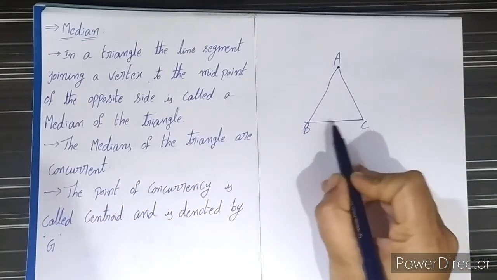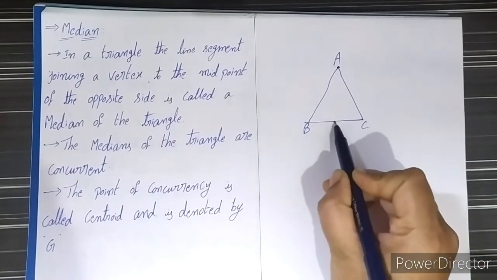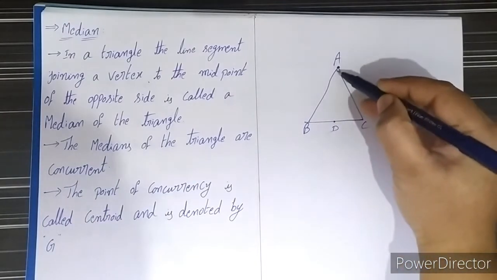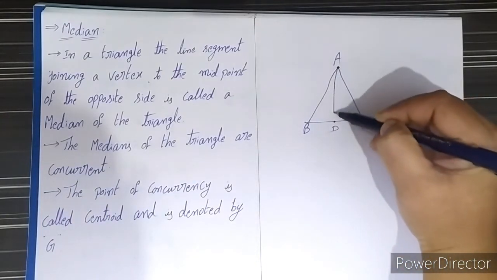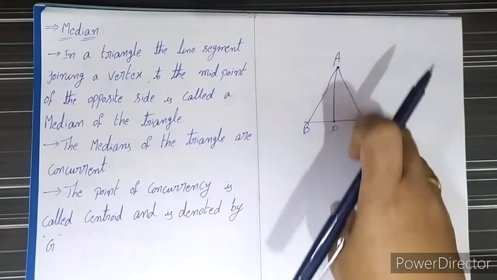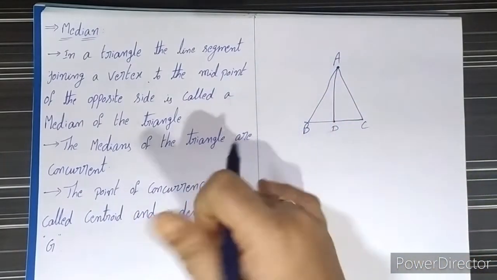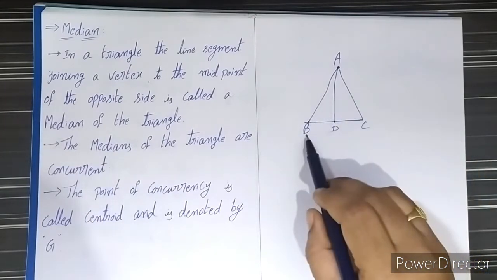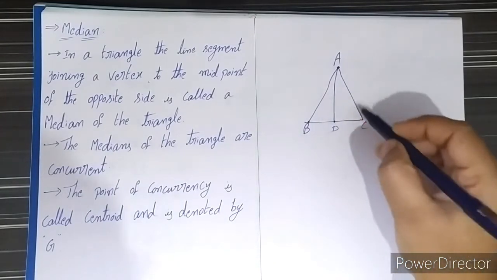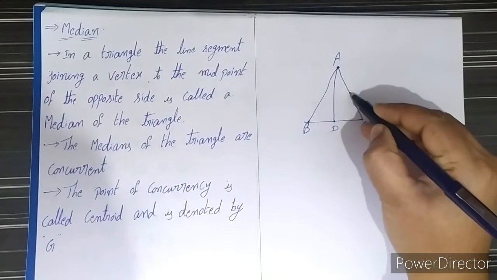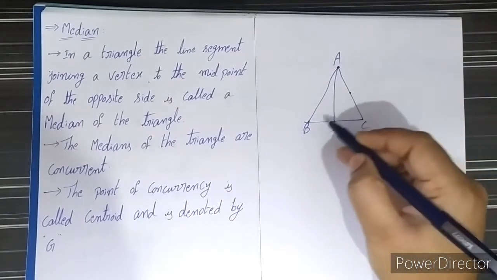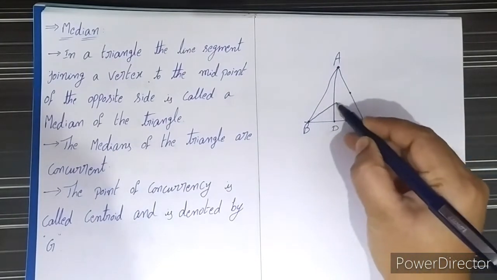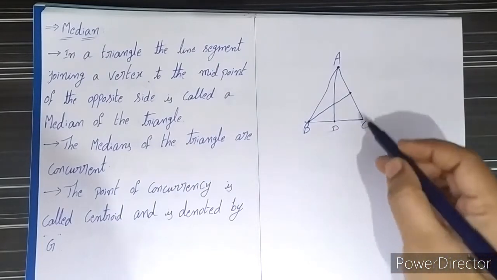Let the midpoint of BC be D. Then this is the line segment. In the same way, let's take the vertex B and the midpoint of AC. This is the line segment.